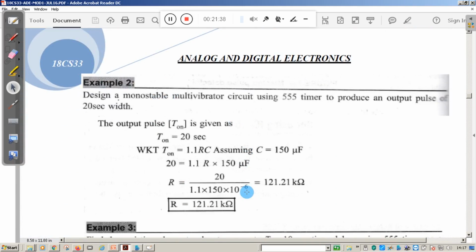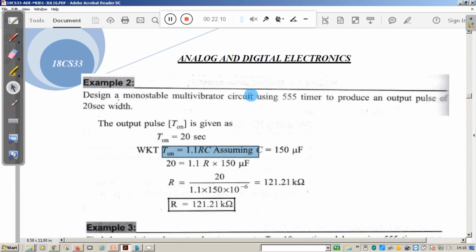The second problem: design a monostable multivibrator circuit using a 555 timer to produce an output pulse width of 20 seconds. Here T is given as 20 seconds, and we have the expression T1 = 1.1 RC.